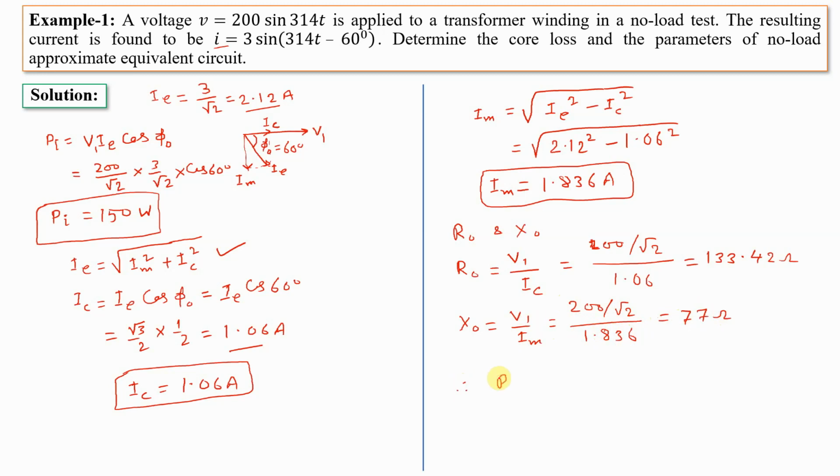Therefore, R0 is 133.42 ohms and X0 is equal to 77 ohms. This is considered as the parameters of the no load approximate equivalent circuit, R0 and X0. So this is the complete solution.